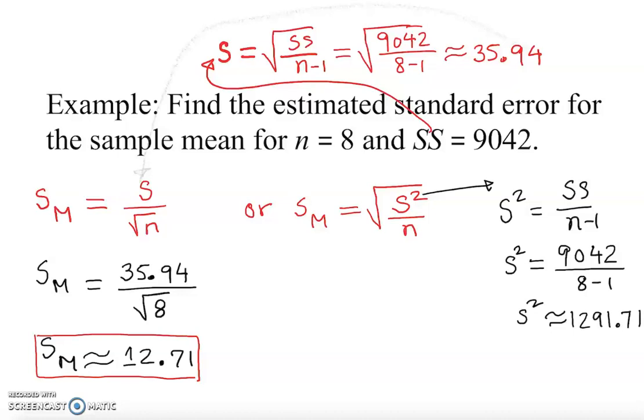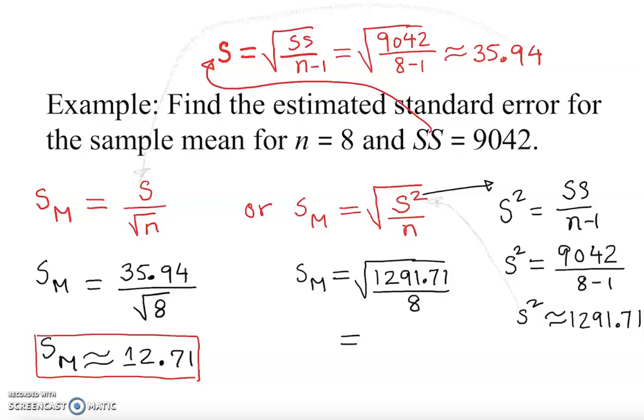So that is the variance. Now that we have our variance, we just plug it in. Let's see if we get the same answer. S sub m is equal to the square root of 1291.71 over n. This time we don't subtract 1; in this case n is 8, the sample size.